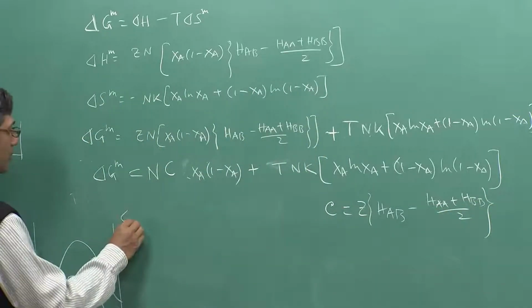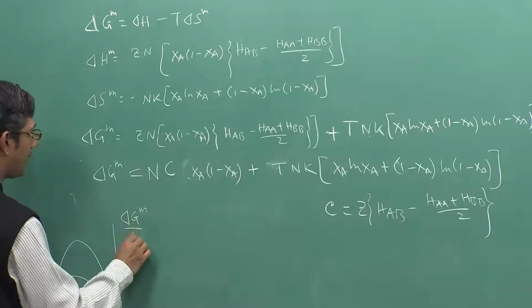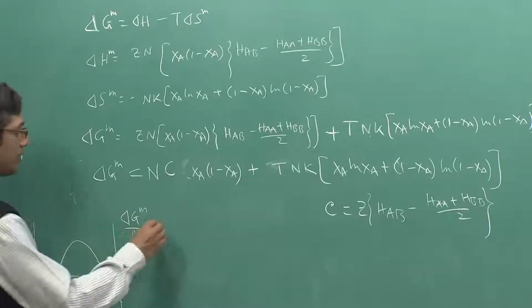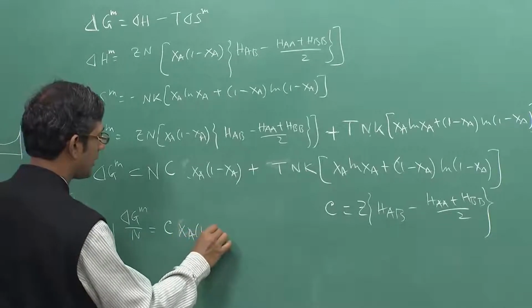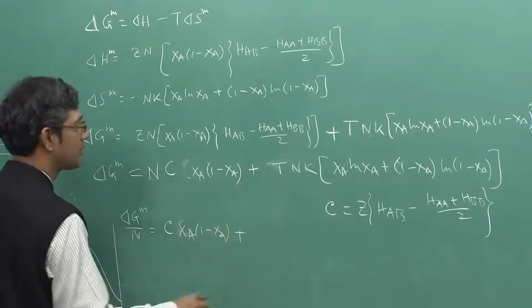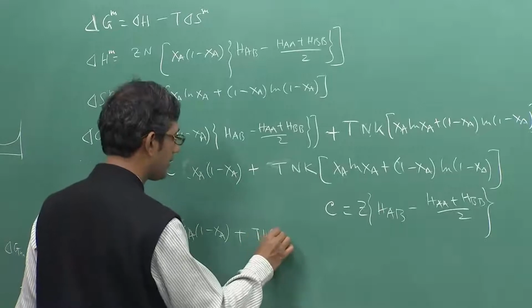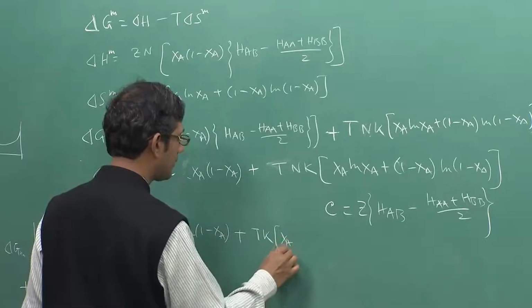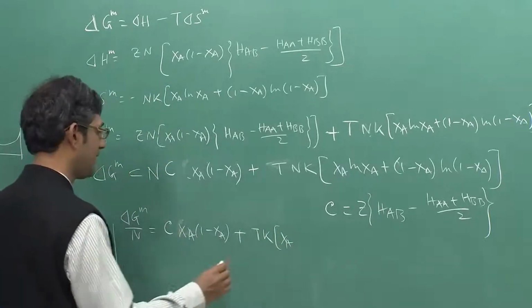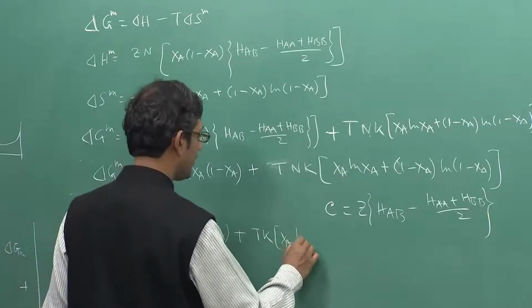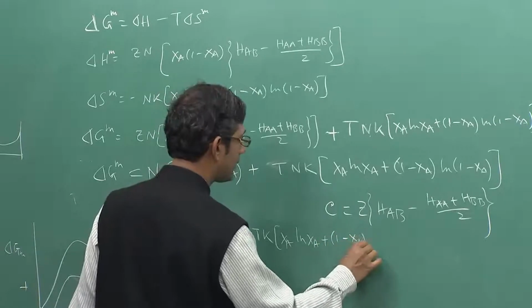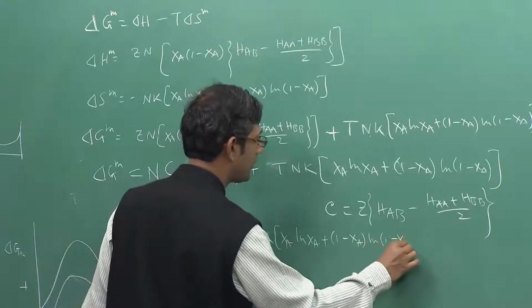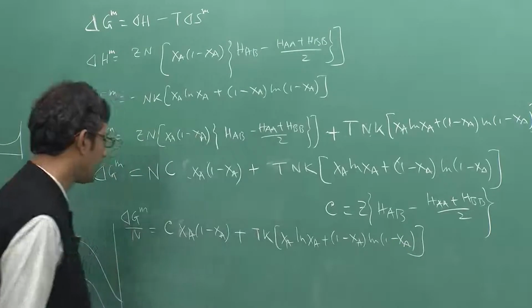So, I can write delta Gm with N taken common. So, this is C into x a 1 minus x a plus kT times x a ln x a plus 1 minus x a ln 1 minus x a. Okay.